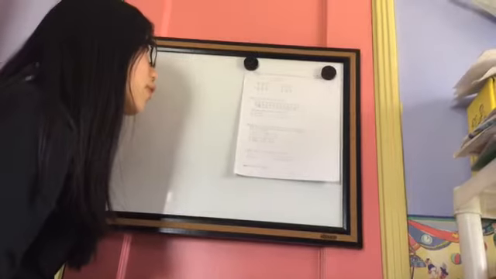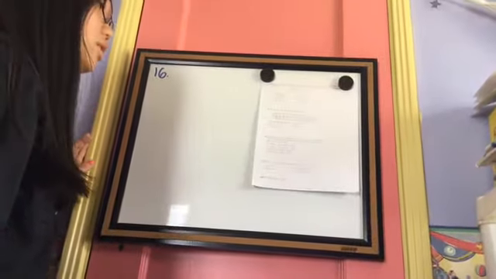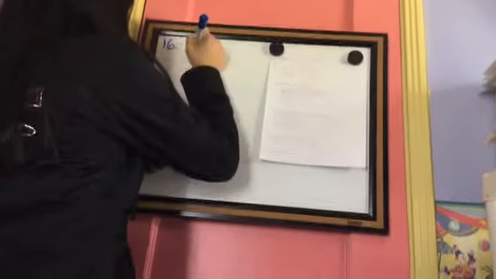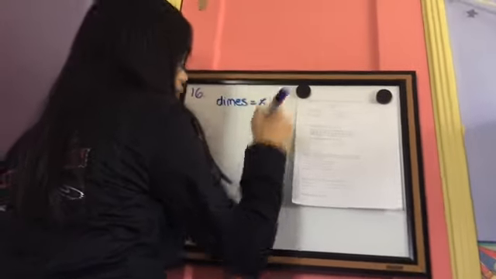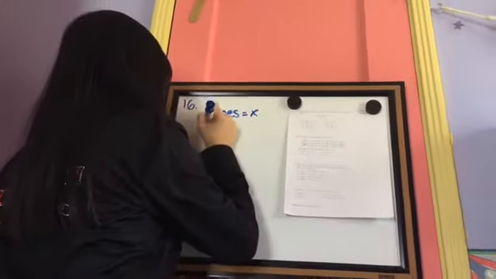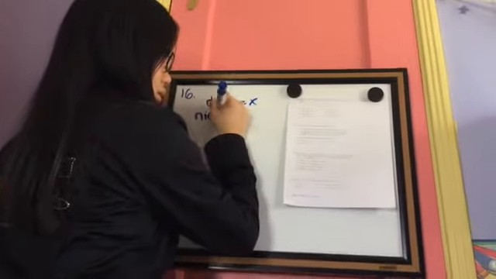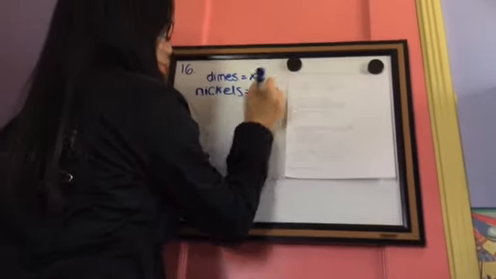In number 16, John has 4 more nickels than dimes in his pocket, for a total of $1.25. Which equation could be used to determine the number of dimes in his pocket? Dimes is x, so dimes equals x. And it says that John has 4 more nickels than dimes. So nickels would be x plus 4 because he has 4 more.